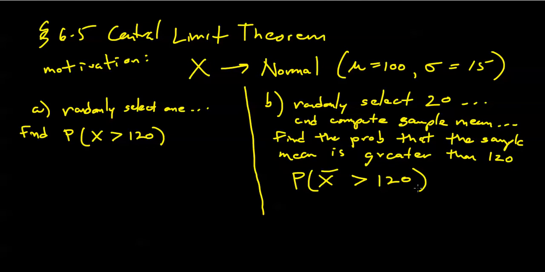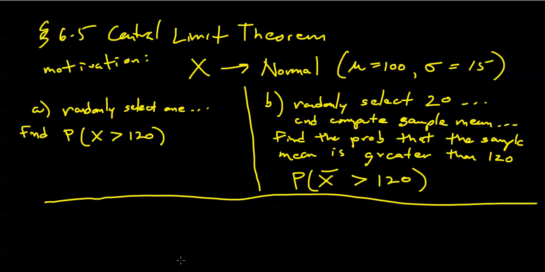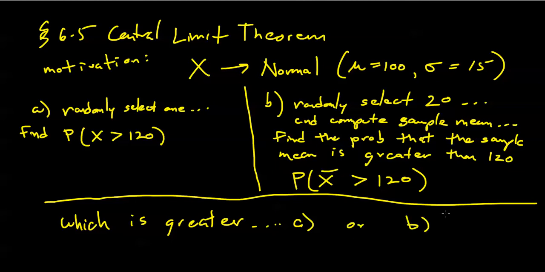Alright, part A we know how to do. That's section 6.2. Nothing new there. But I'm going to ask you a question regarding the relative size of part A and part B here. Which probability is greater? The probability you would get from part A or the probability you would get from part B?